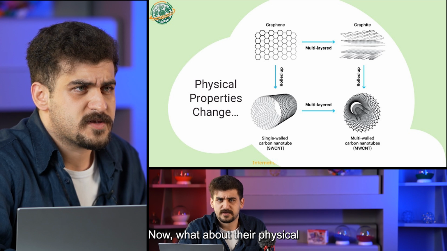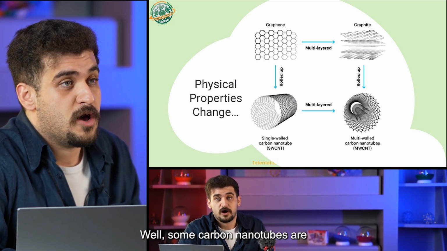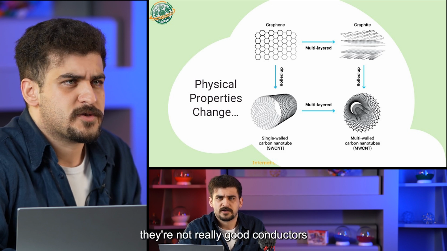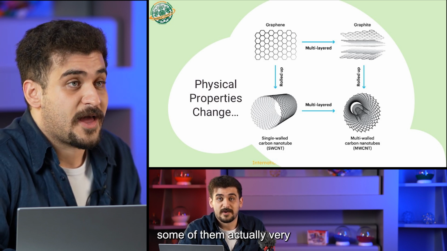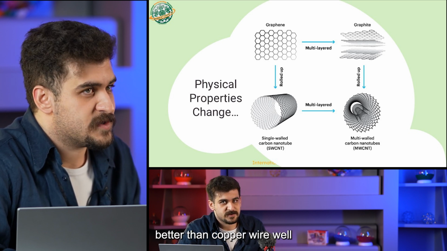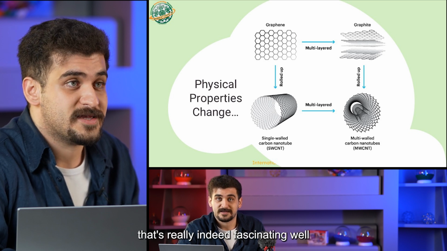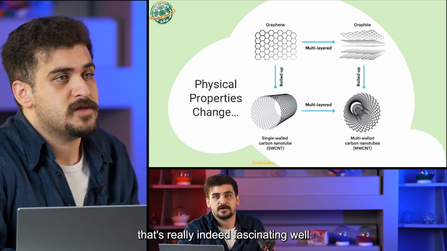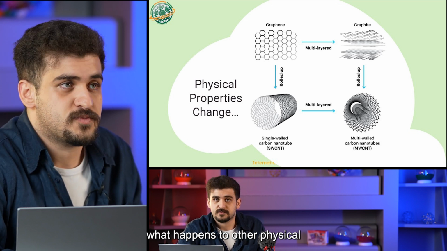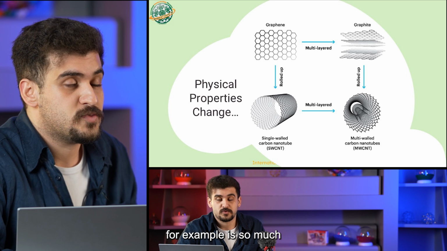Now, what about their physical properties? Well, some carbon nanotubes are insulators. They're not really good conductors. Some of them are actually very good conductors, even 1,000 times better than copper wire. Well, that's really fascinating. What happens to other physical properties? Well, strength, for example, is so much increased.